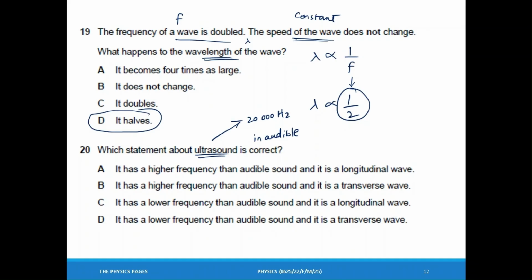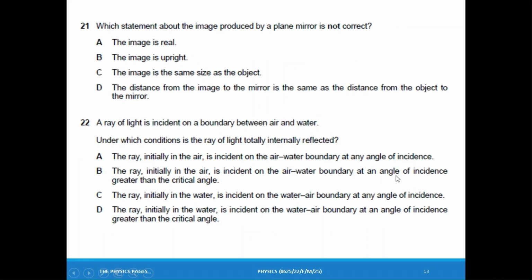Also, sound waves are longitudinal waves. So we can simply say that it has higher frequency than audible sound. We cannot hear them, and these are longitudinal waves. So option A is the right choice.